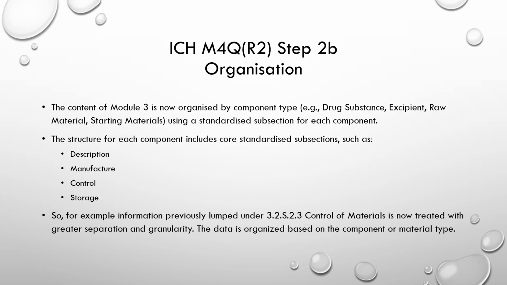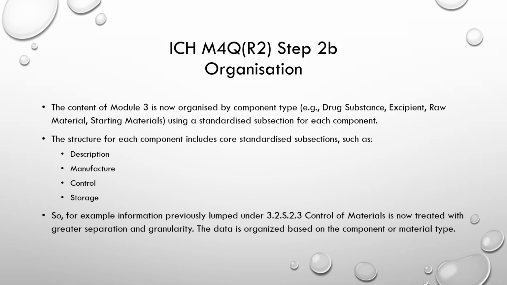So for drug substance, you have your standardized subsections. For excipients, standardized subsections, and your starting material. And how it's structured is you have your description, you have your manufacture, control, and storage. I don't want to spend too much time on this.